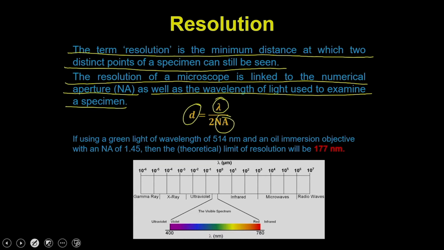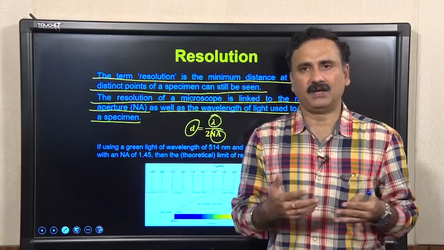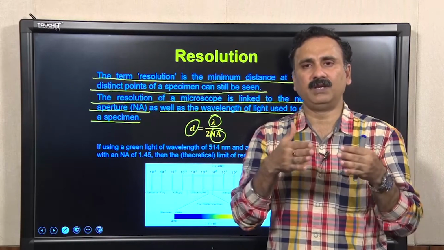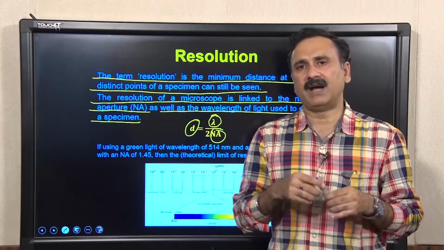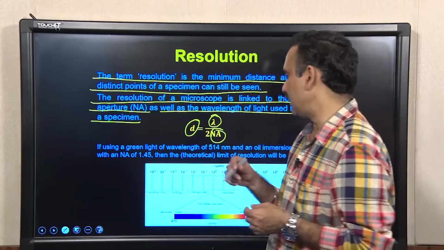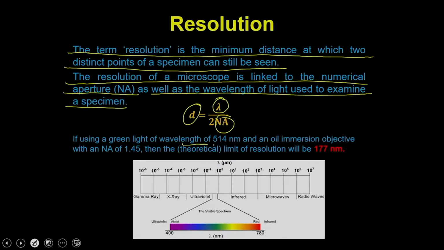Even if you use the fluorescence microscope or the light microscope, you are going to use the visible range of the spectrum. Imagine that I am using green light, which has a wavelength of 540 nanometer, and a light microscope with an oil immersion objective, where the numerical aperture is 1.45.